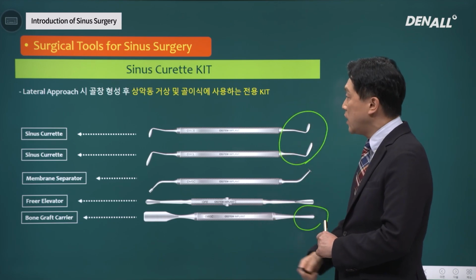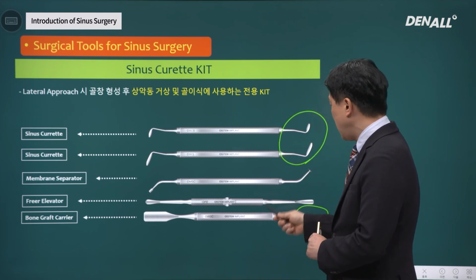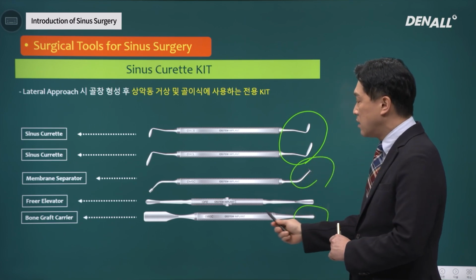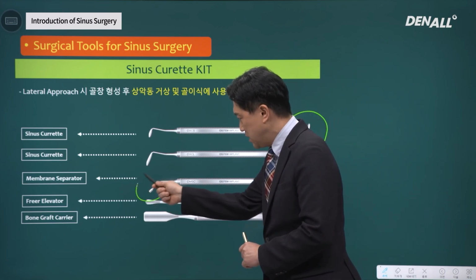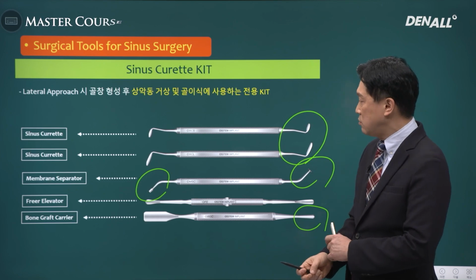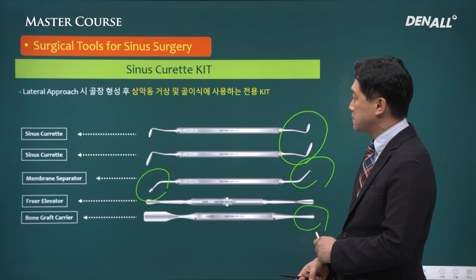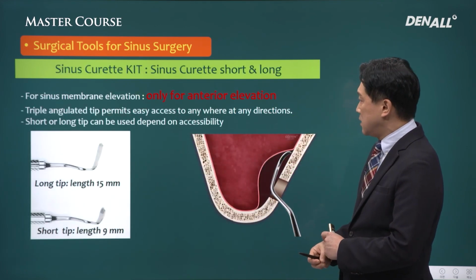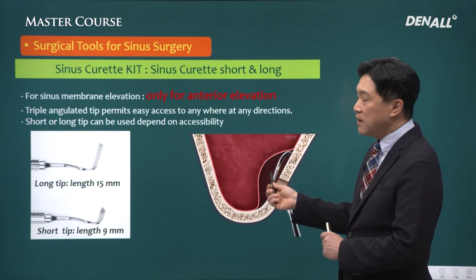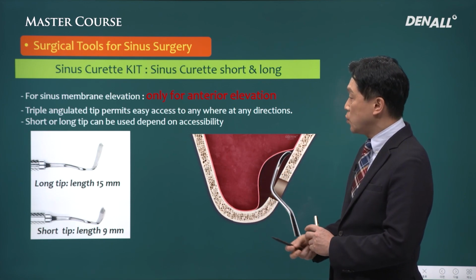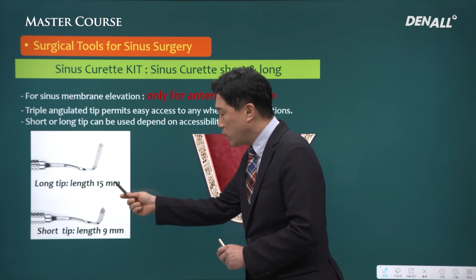There are 2 curette for anterior part elevation, and there's membrane separator and curette with bone packer. Sinus curette for anterior side, it can be divided into short and long.